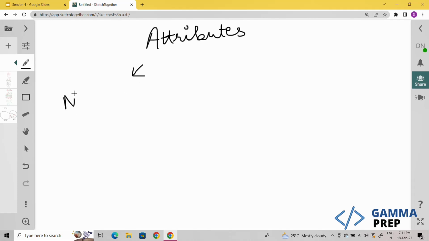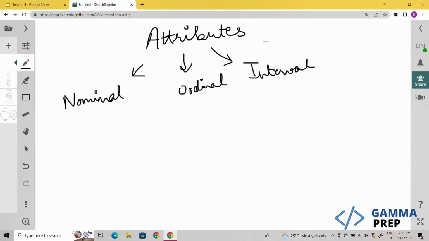First is nominal. Second is ordinal. Third is interval. And the fourth is ratio.